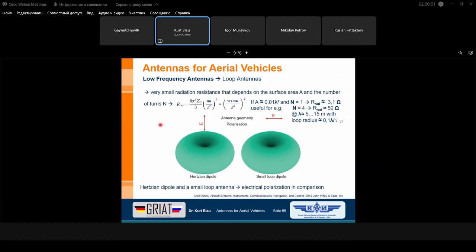very dramatically. And so we can find here, in case of our loop antenna, what happens if we apply a loop with, let's say, a diameter and a number of turns much larger than a certain value.